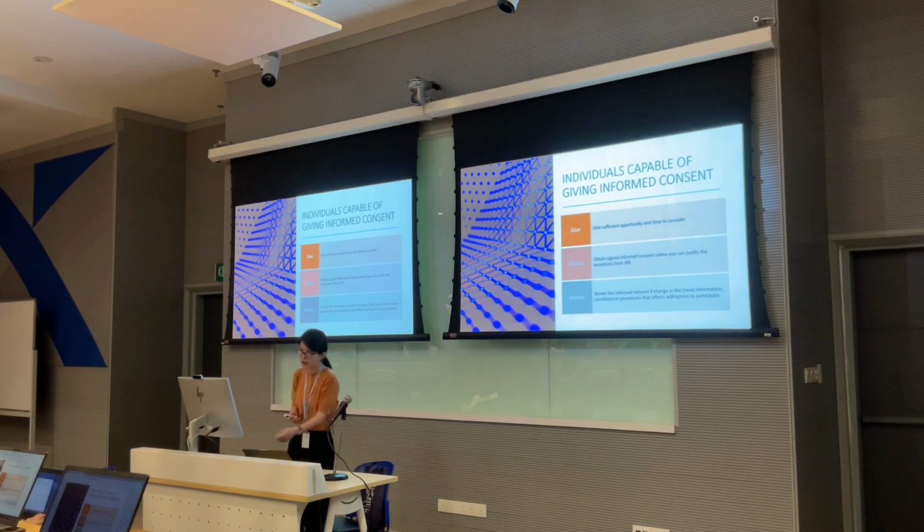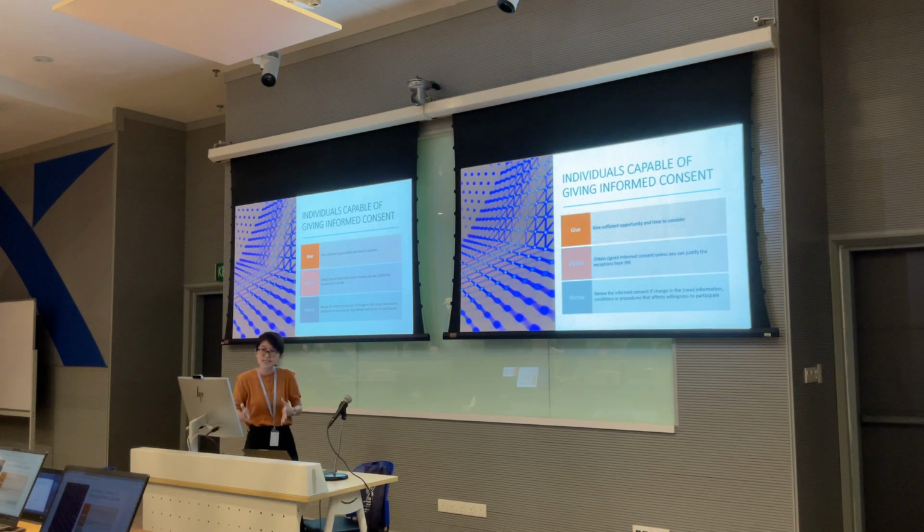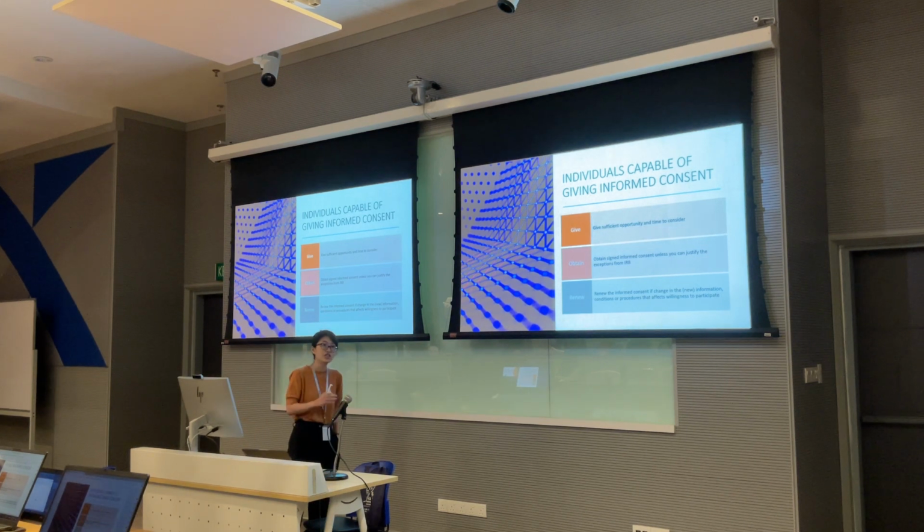If you say, I want to record your agreement, you need to get them to sign the consent form unless you can justify exceptions to the IRB. Later we will see what conditions you can exclude, you can waive.